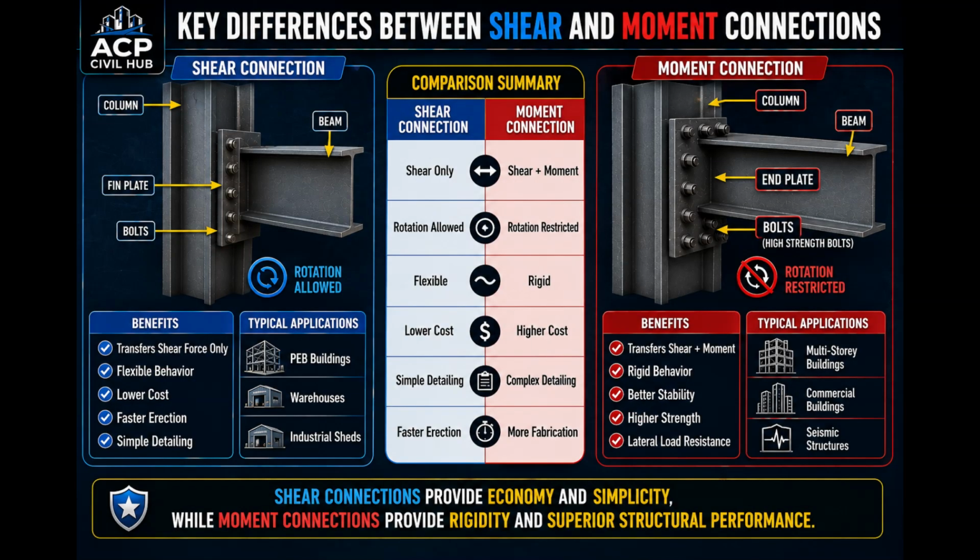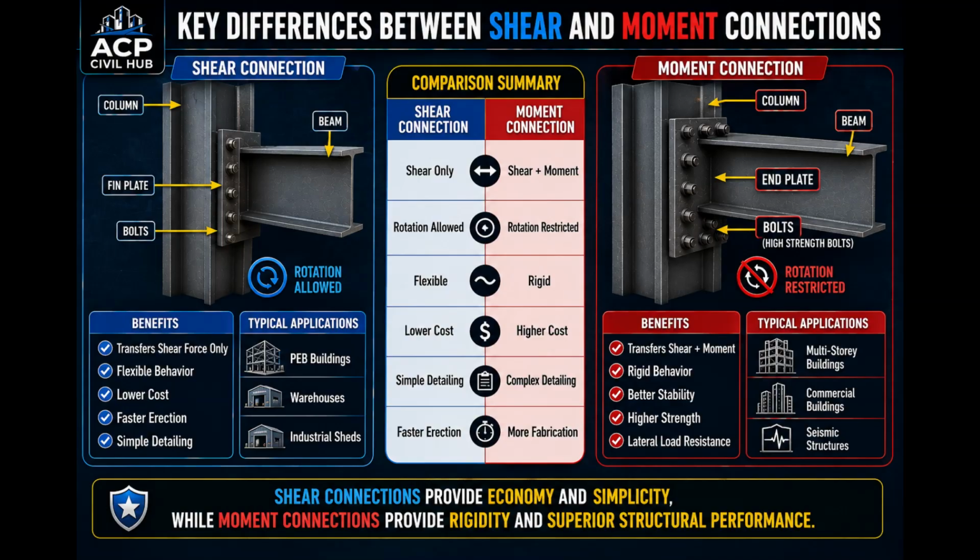Now let's compare both connection types. A shear connection transfers shear force only, while a moment connection transfers both shear force and bending moment. A shear connection allows rotation at the joint, whereas a moment connection restricts rotation. Shear connections provide flexible behavior and lower construction costs.